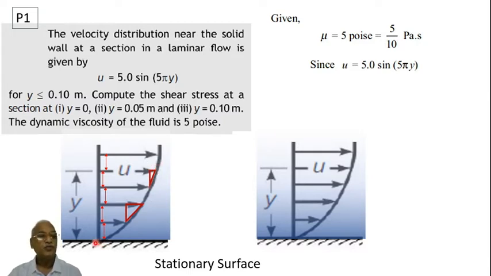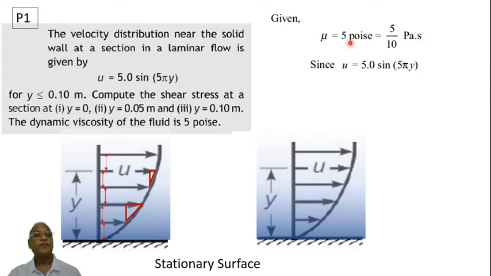So as you move away from the solid surface, as y increases, the du by dy is becoming less and less. As you are nearer to the surface, the du by dy is larger and larger. That is the observation.